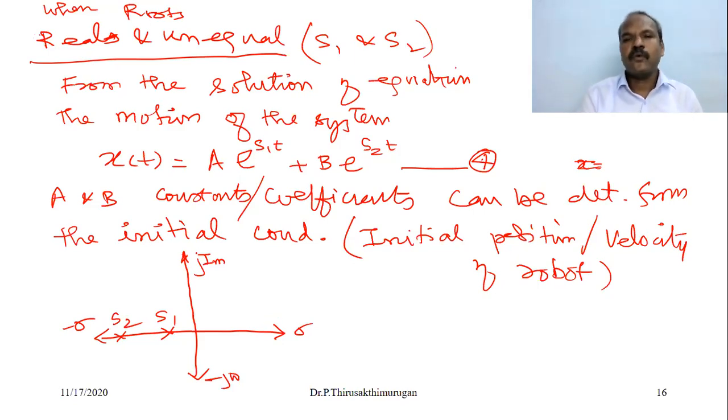The pole larger in magnitude can be neglected, because the system gives a sluggish response. When poles of the second order system are real, the system exhibits a sluggish response. We already discussed that, right? That's why it is overdamped.